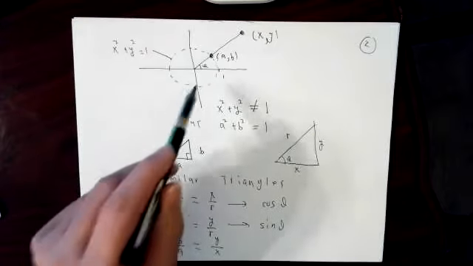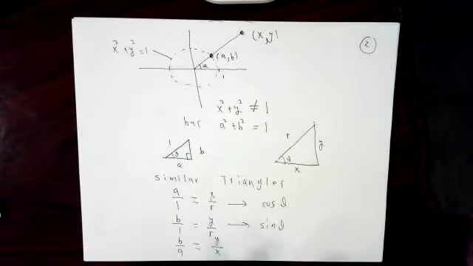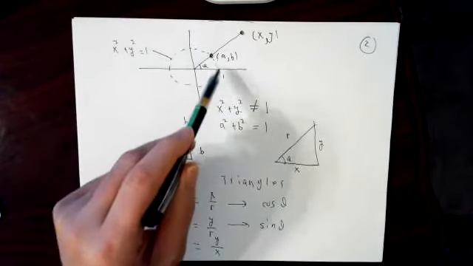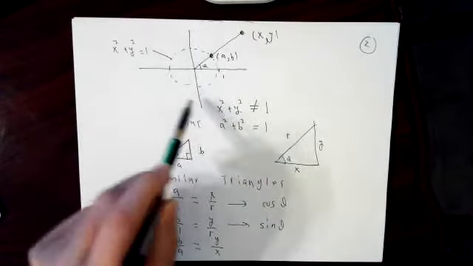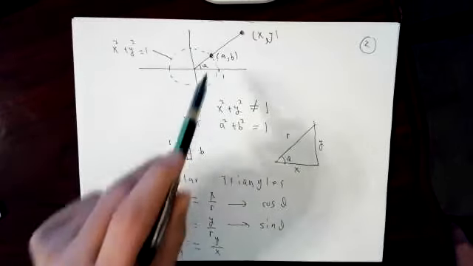Even so, if you start at the origin and go out to this point, you do have to cut across the unit circle someplace or the other. I'm going to call the coordinates of that crossing point a comma b.